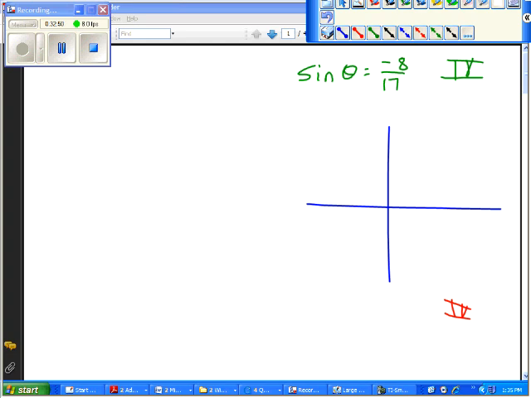Now, do you realize that negative 8 and 17 doesn't really tell us whether the y was negative or the r was negative or whatever was negative? We've figured that out. But we know that sine is y/r. And so, if we're in quadrant 4, that tells us that we went to the right.